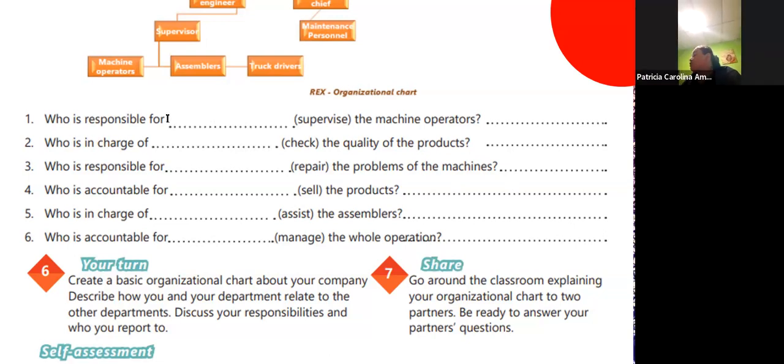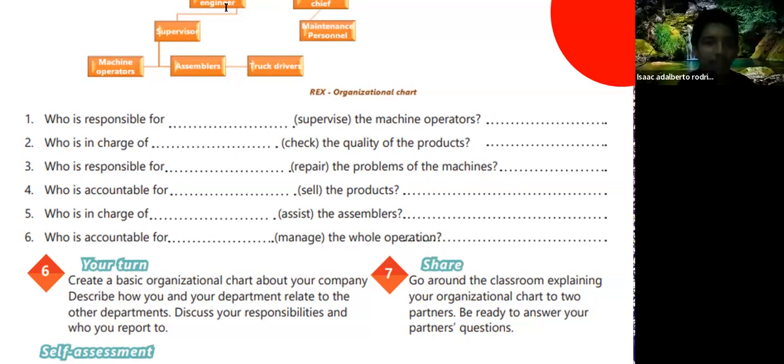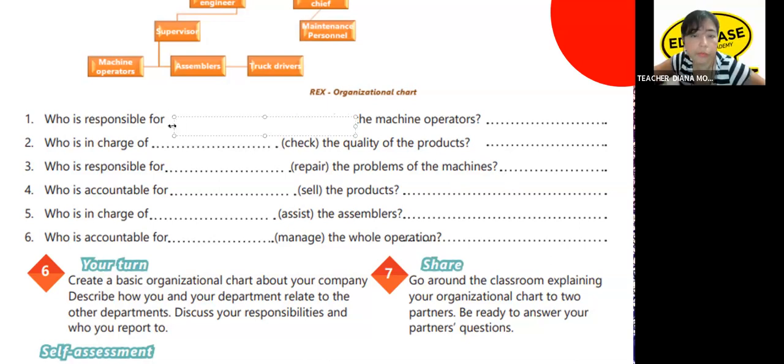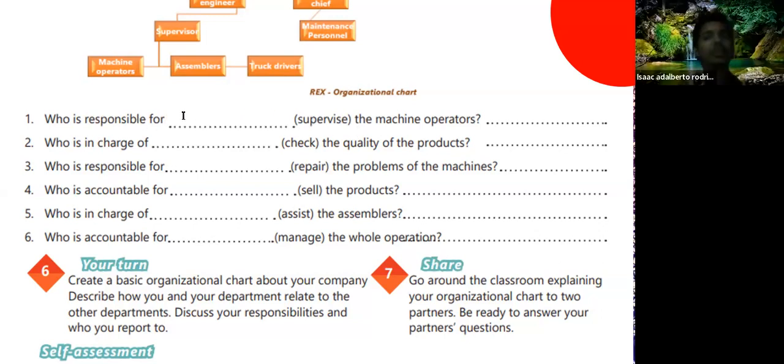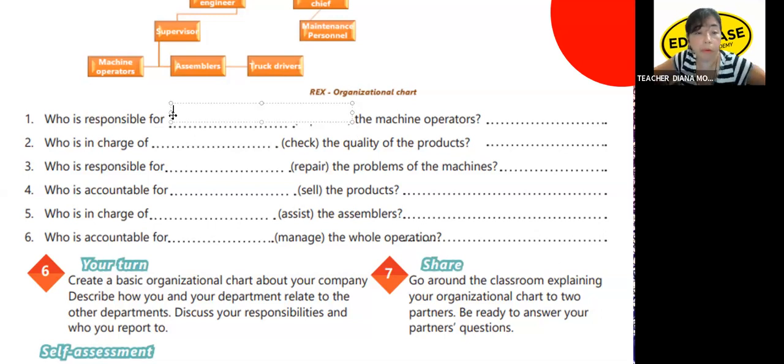Who is responsible for supervisor? Okay, remember, who is responsible for supervising, right?